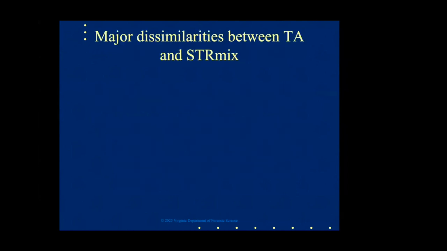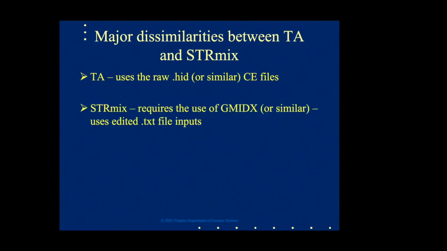Next slide. Before I get into this a little bit more, I just want to point out some of the most obvious dissimilarities between TrueAllele and STRmix. Next. TrueAllele uses the raw HID or similar CE files, as we all know. Next.